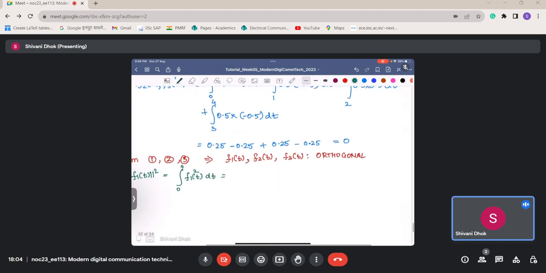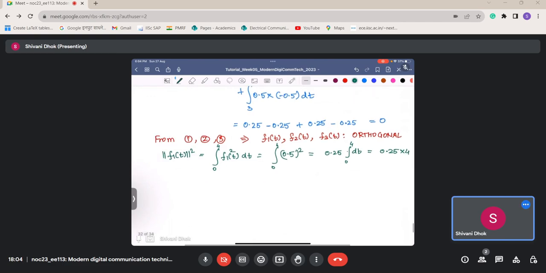So I can write this as 0 to 4, 0.5 squared, which is 0.25, integral 0 to 4 dt, which comes out to be 0.25 multiplied by 4, which is equal to 1.